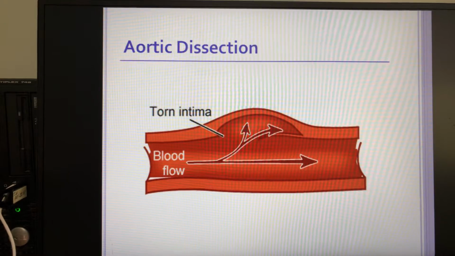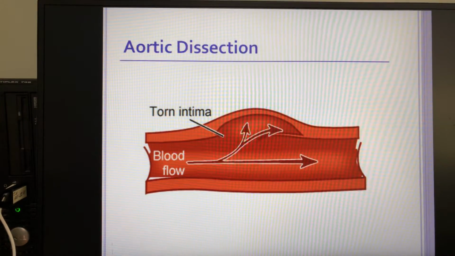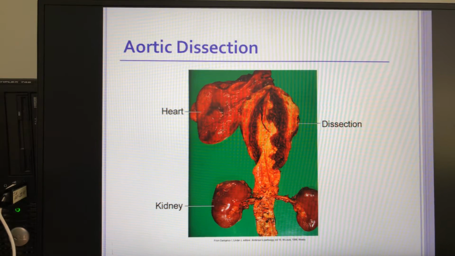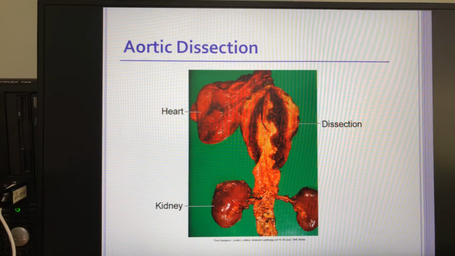So this is giving you an example or a picture of what that looks like. And then this is a photo of an aortic dissection of the thoracic aorta, and it shows you where the heart is at the top on the left, then where the actual dissection happened, and you can see that it's just above the renal, the kidneys.